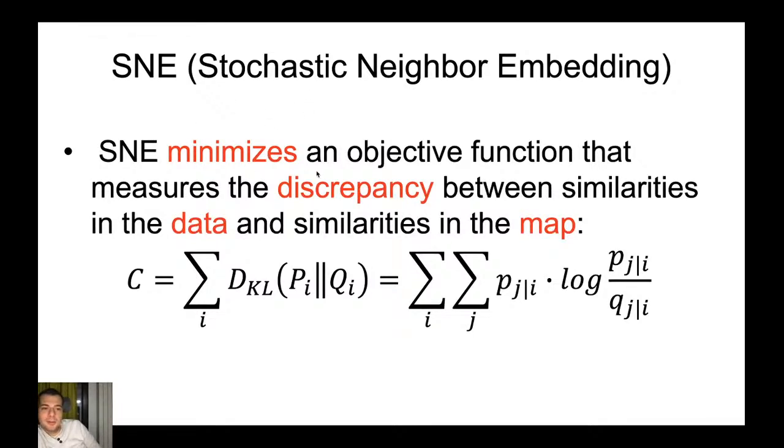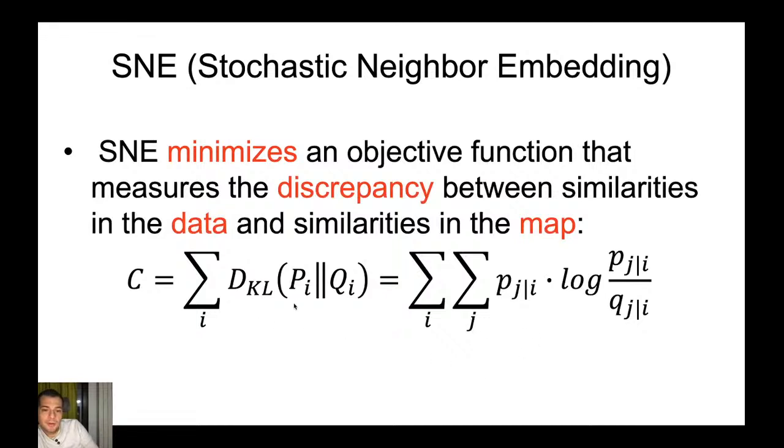SNE minimizes an objective that measures the discrepancy between the similarities in the original data and the similarities in the map. Here the objective is actually the Kullback-Leibler divergence between the two distributions of probabilities.